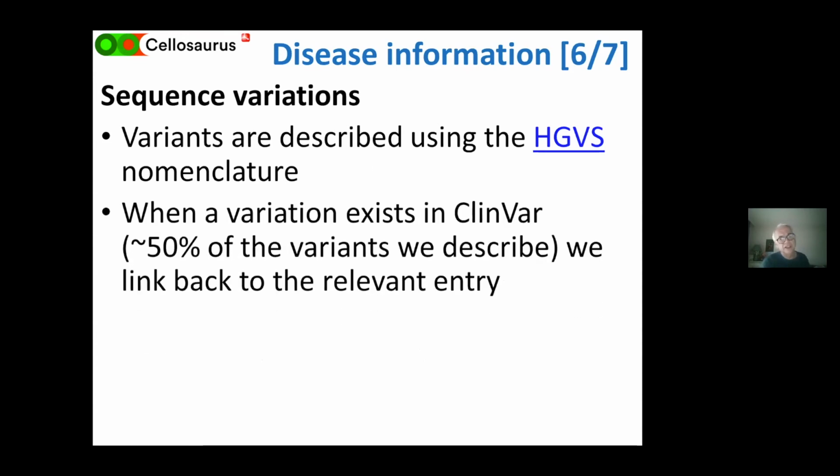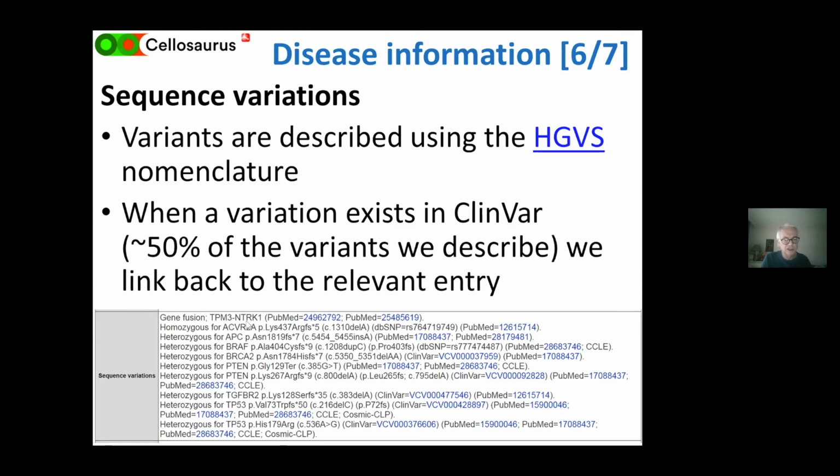When a variation exists in ClinVar, about 50% of the variants we describe will link back to the relevant ClinVar entry. Here I have an example of an entry which has a gene fusion and a number of mutations, either homozygous or heterozygous, with some of them being in ClinVar. I didn't say it, but we also link to dbSNP if it's not in ClinVar, but there are not so many which are in dbSNP and not in ClinVar.